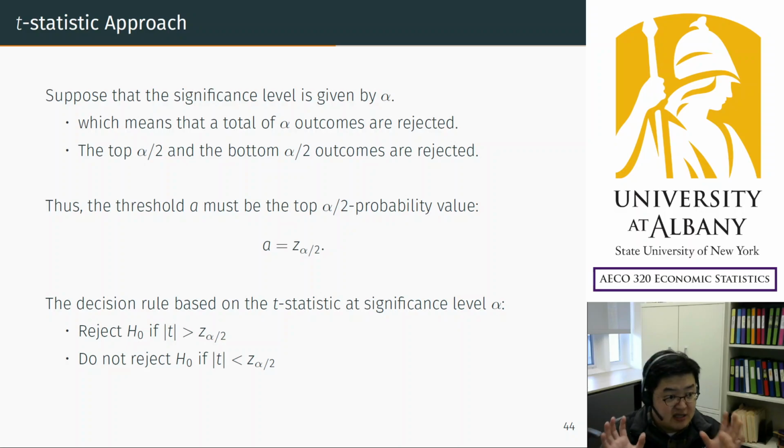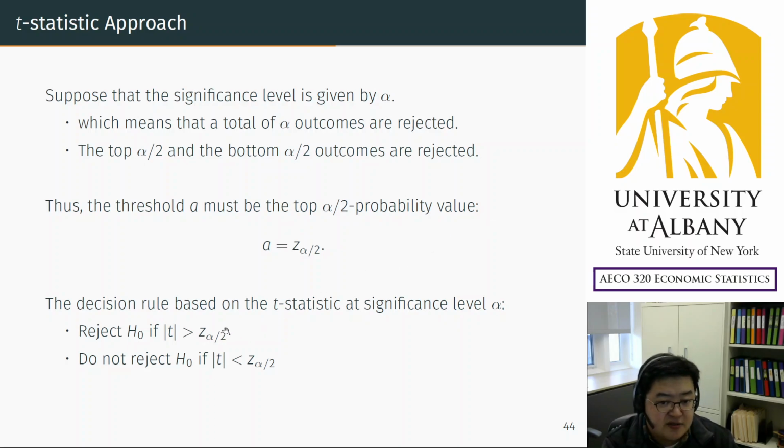You have seen this before, right? In the confidence interval chapter. We are applying the same idea, and then you will get A equals Z subscript alpha over 2, which is the top alpha over 2 probability value.